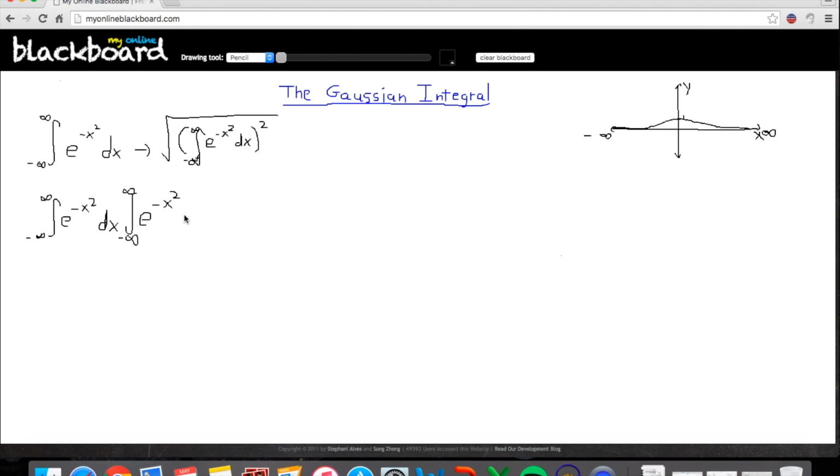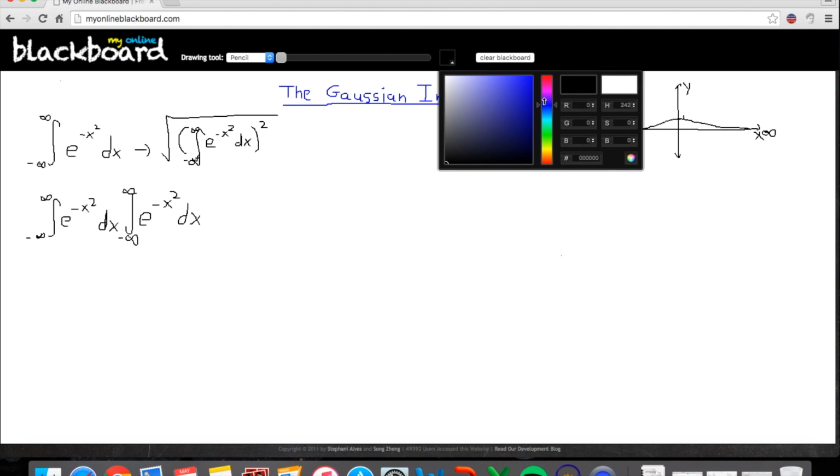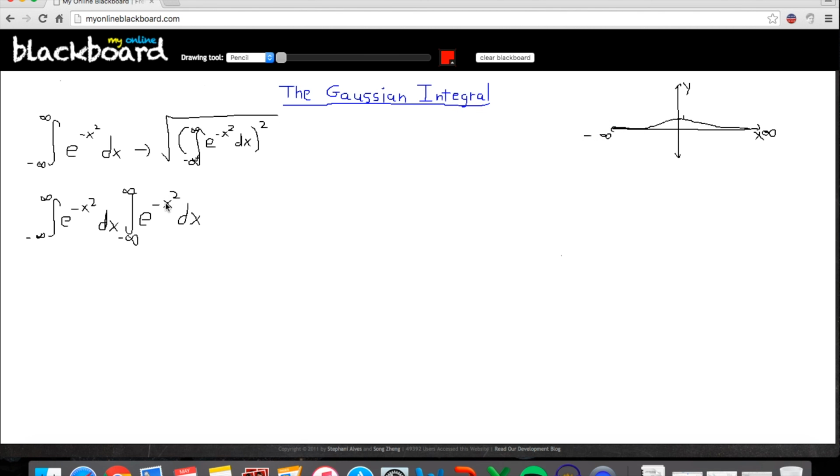Now, here's where we have to do something a little bit interesting, and I'm going to do it in red so you can see what I'm doing here. Having this x squared with respect to dx is really just an arbitrary variable to name a specific thing.